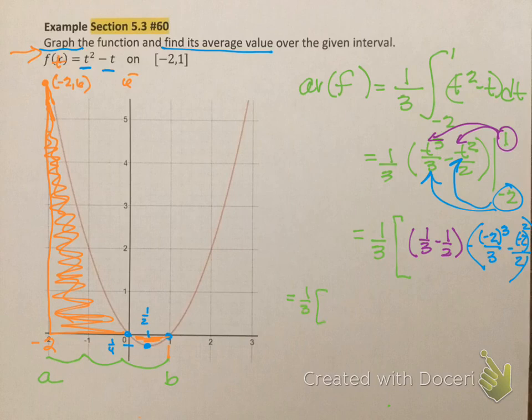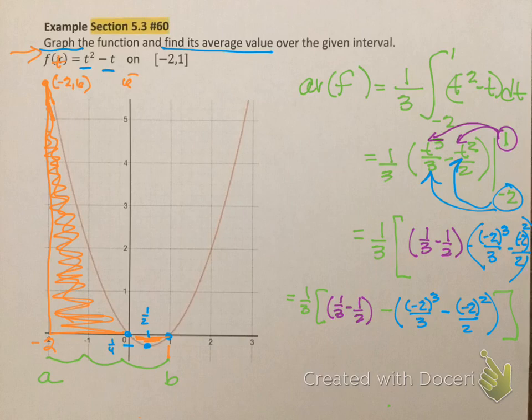Again, when I plug in 1, my purple, 1/3 minus 1/2, minus, now let's plug in negative 2: I have (-2 cubed over 3 minus -2 squared over 2), close parentheses, close bracket.